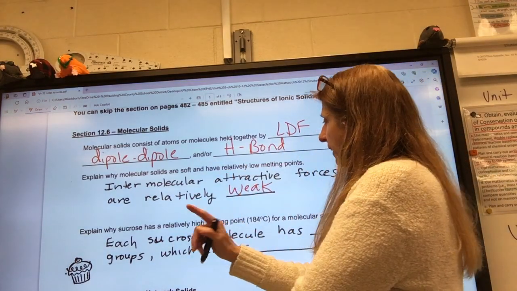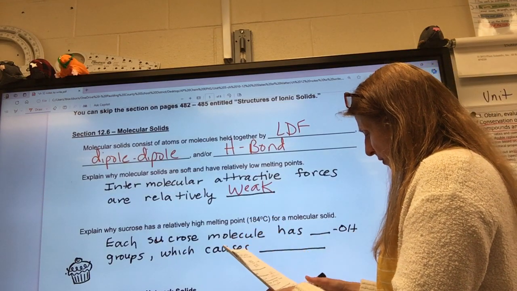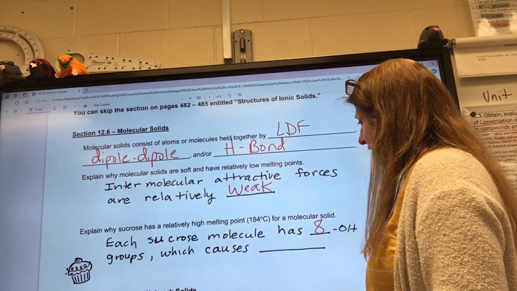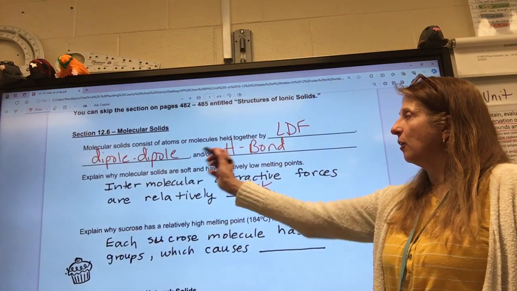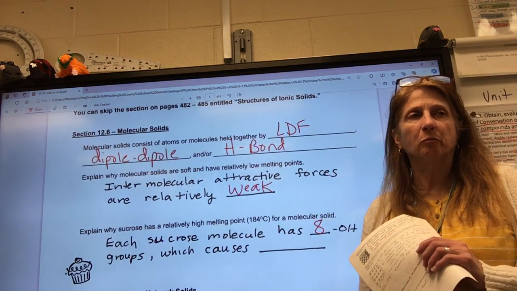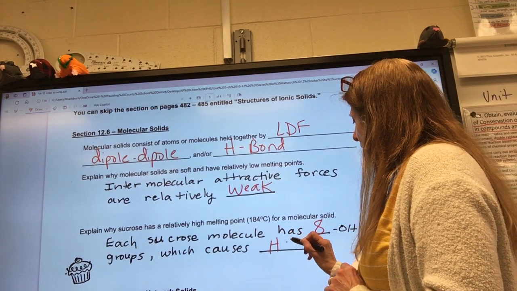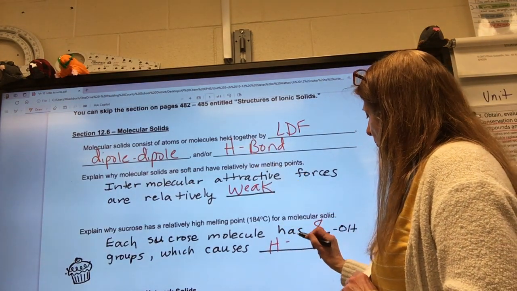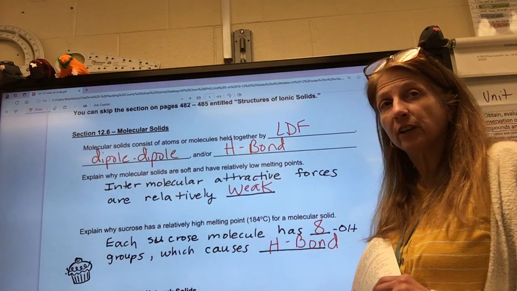So this is what it is. Each sugar molecule has, let me find my little paper here, 8 OH groups, which cause what kind of intermolecular force? Yes, hydrogen bonds. Intermolecular forces are weak, but if you get enough of them, they can get pretty strong.